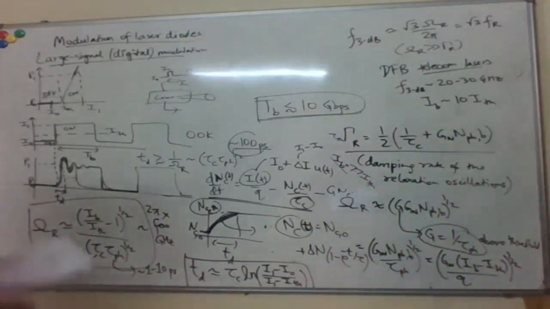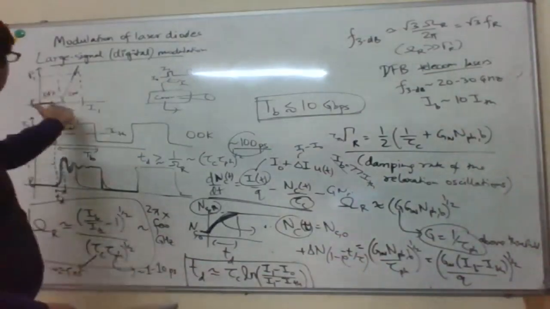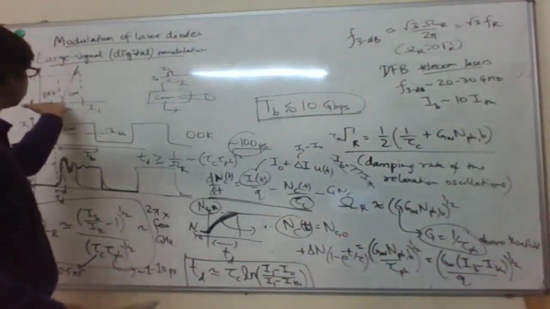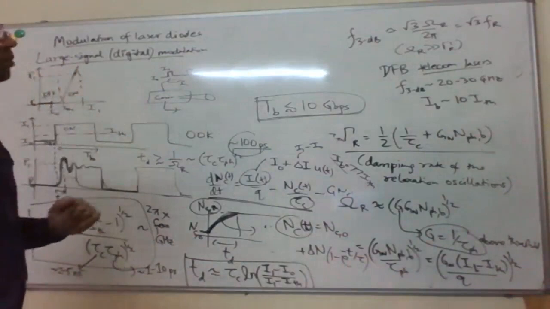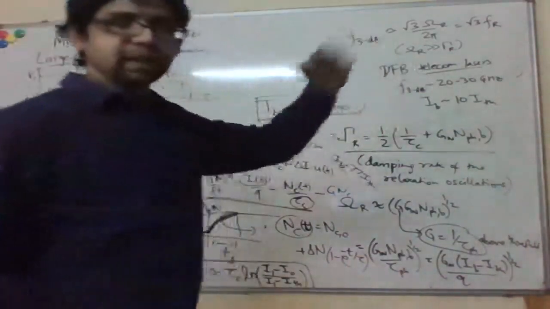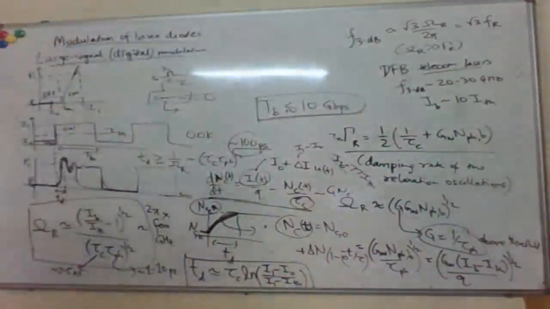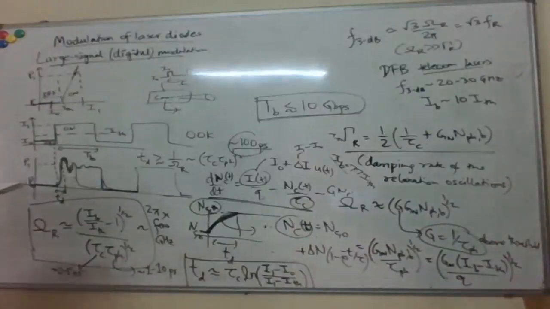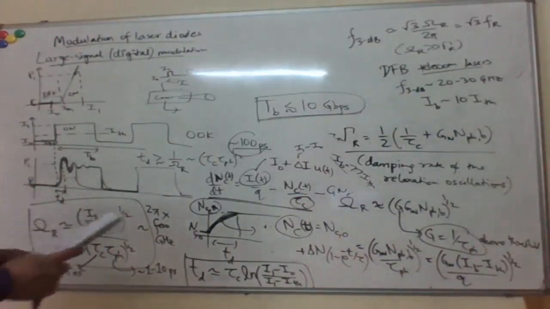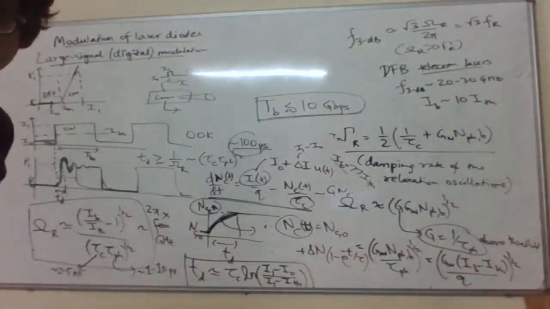Because here we're talking about large signal modulation, going from off to on state and back, whereas there the laser was always on and we were making small changes around it. Okay, so I hope that's clear. Any questions on this?